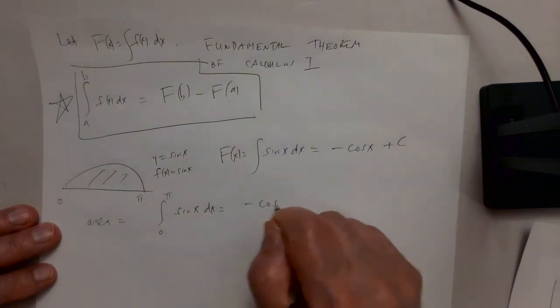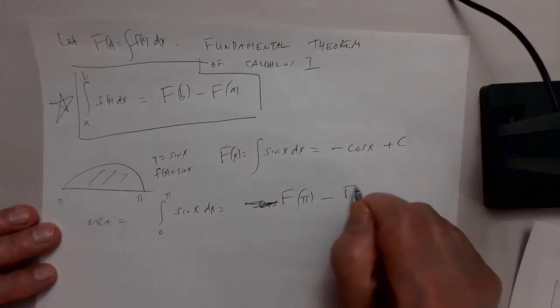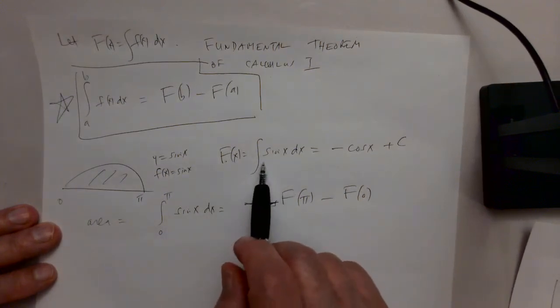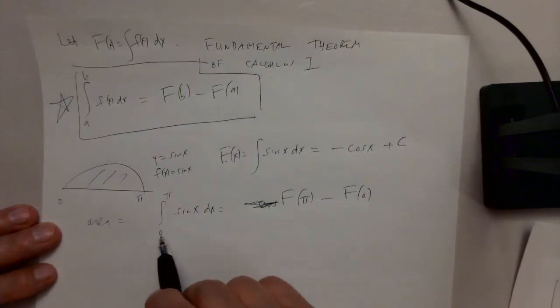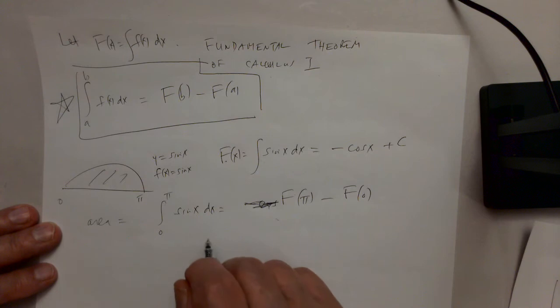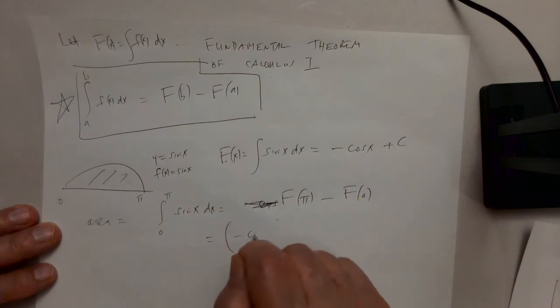That's minus cosine, so that's F of pi minus F of 0. If capital F is the antiderivative, the definite integral from 0 to pi is capital F of pi minus capital F of 0. What is capital F of pi?